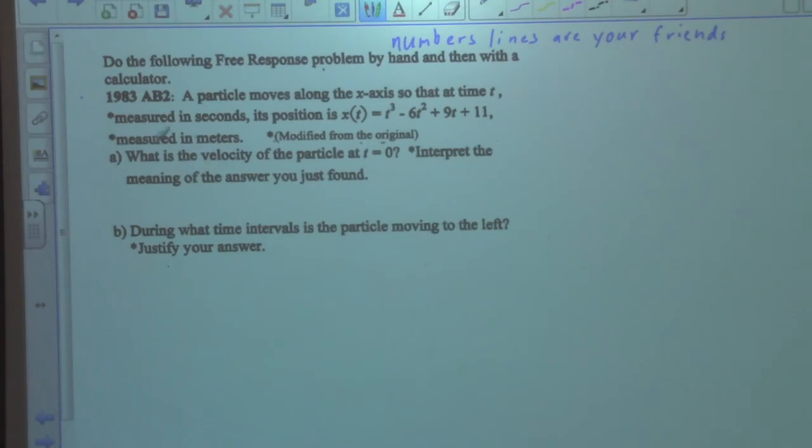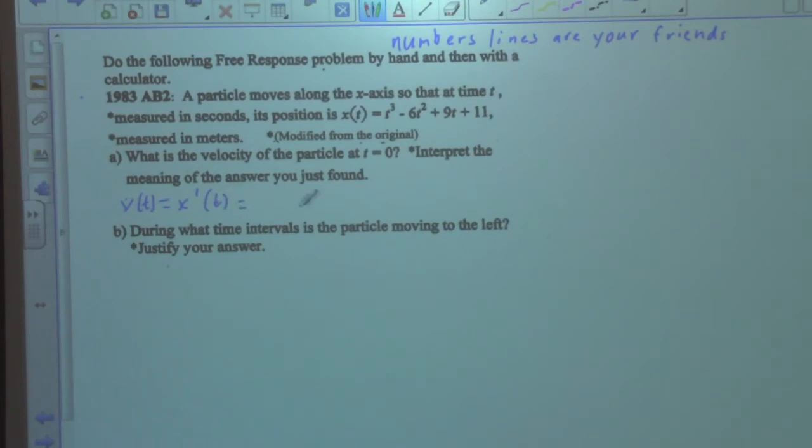So here's the equation for position along the x-axis, and then what is the velocity? V of t is equal to x prime of t.